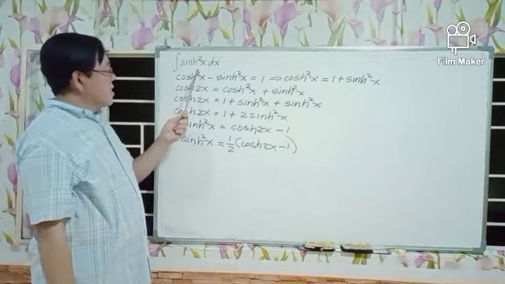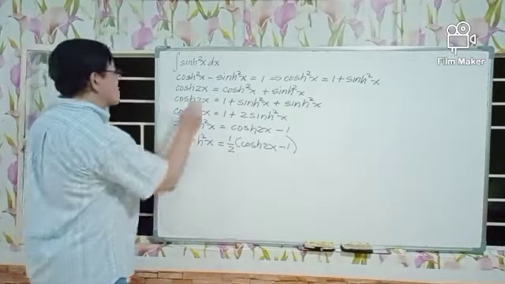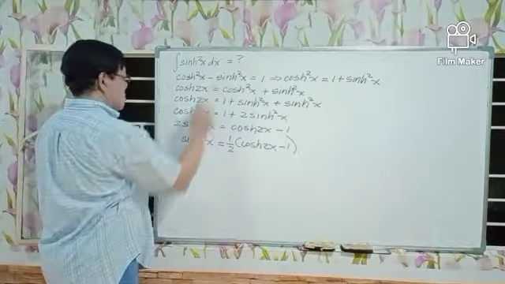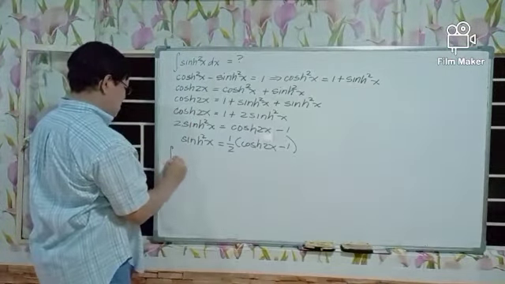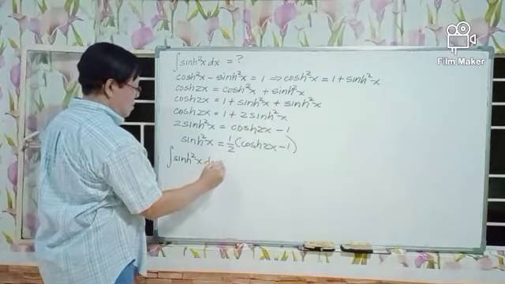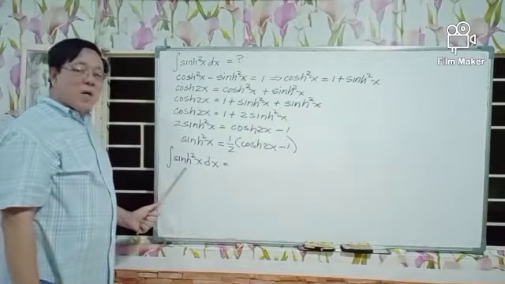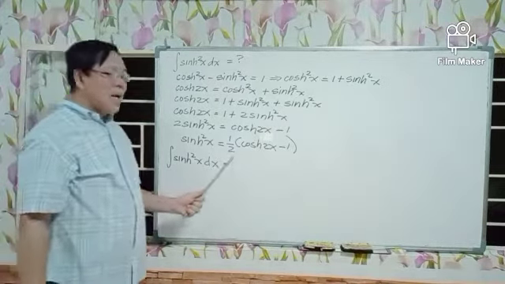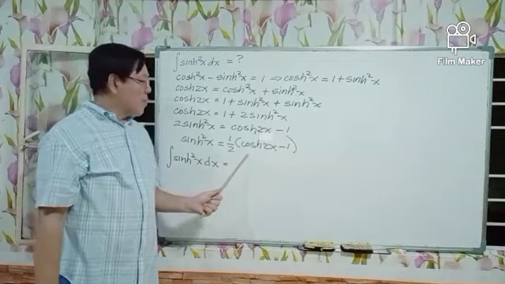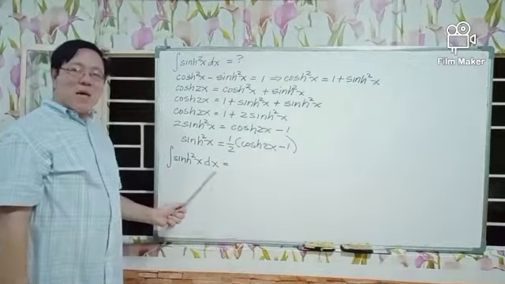And the given integral is now equal to, we now replace the square of hyperbolic sine of x with 1/2 times quantity hyperbolic cosine of 2x minus 1. And we integrate with respect to x.